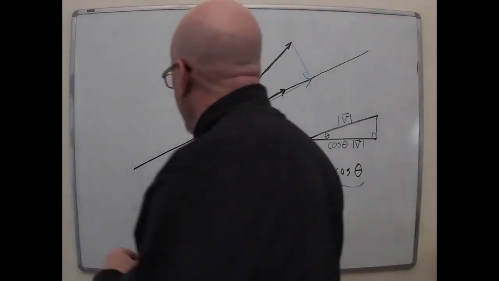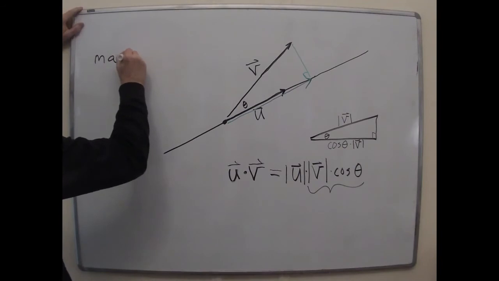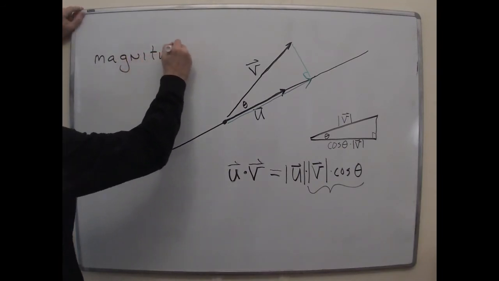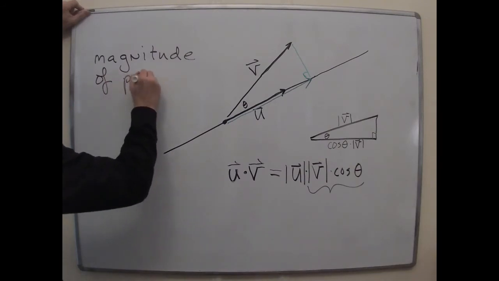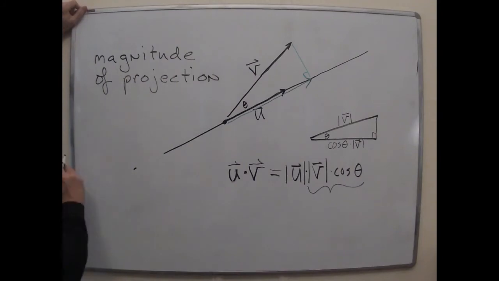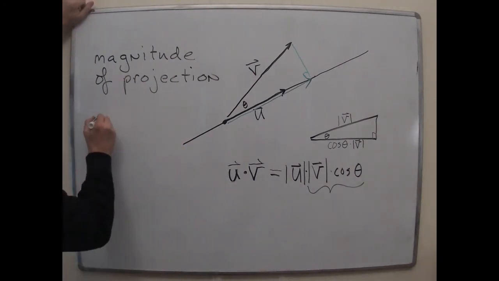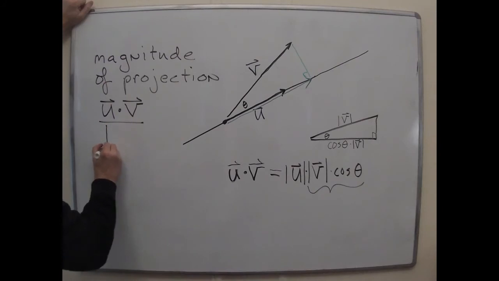So let me write this on the side. The magnitude of the projection: take the length of u out of the equation. So you get u dotted with v divided by the length of u.